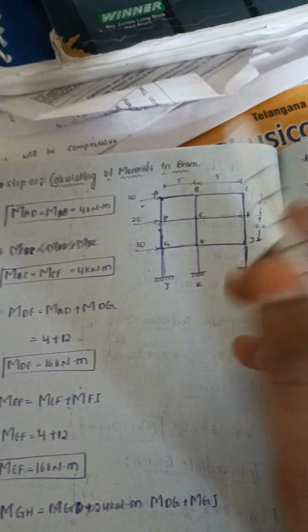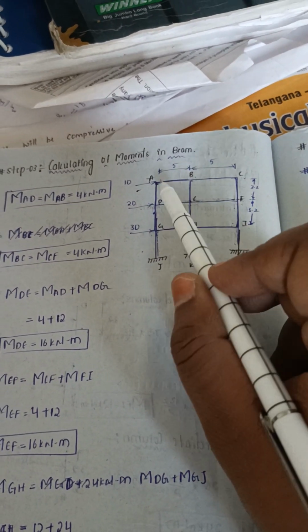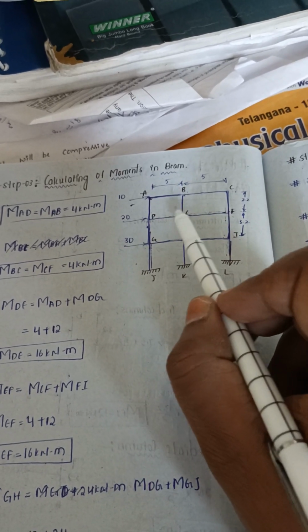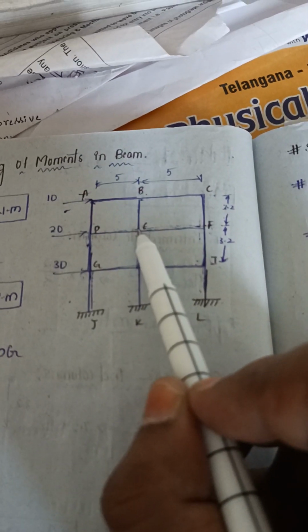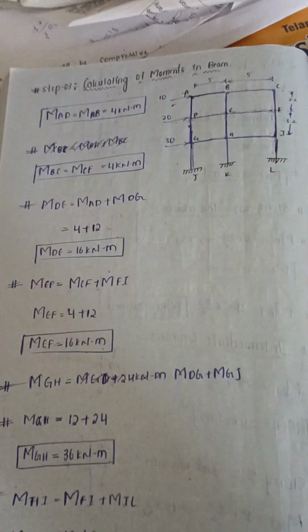Next, calculating the moments in the beams. At the ends it is the same like this. Here this plus this equal to this, at C at this joint, this plus this equal to this plus this, like that we can calculate the moments in the beams also.